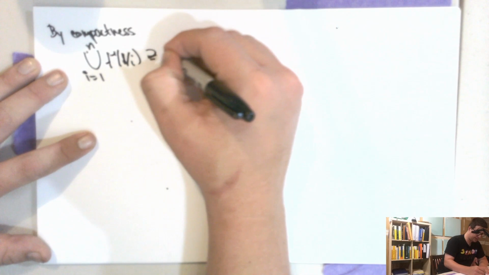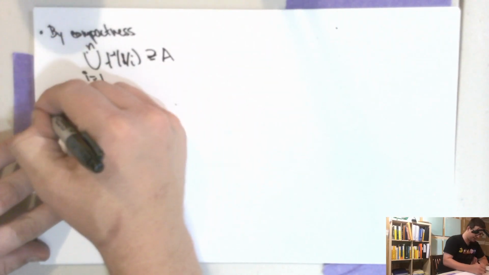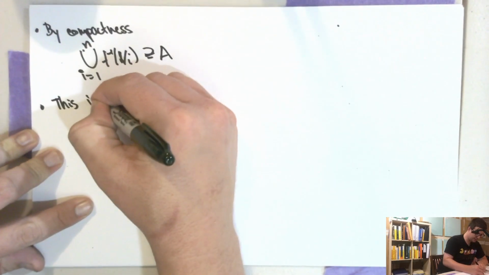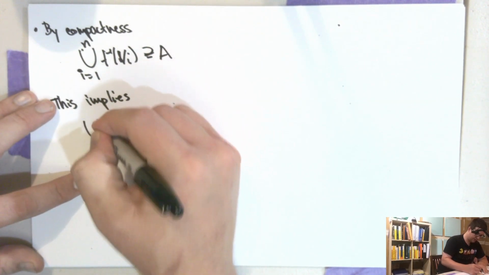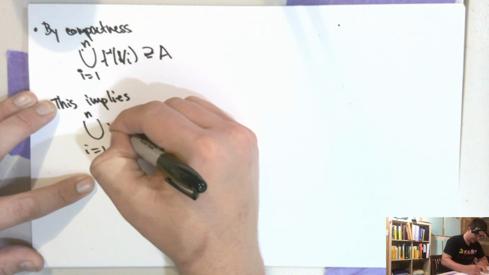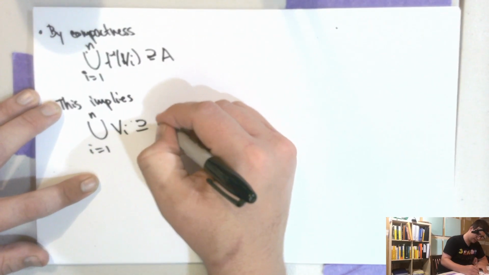Okay, this thing contains A, right? And so now we can take the image of this, and so this implies that the union from i equals 1 up to n of V_i contains f of A.